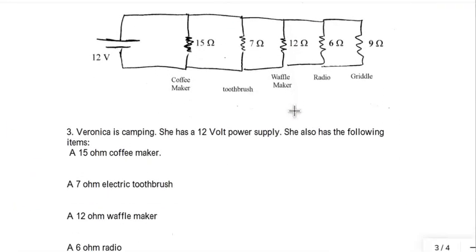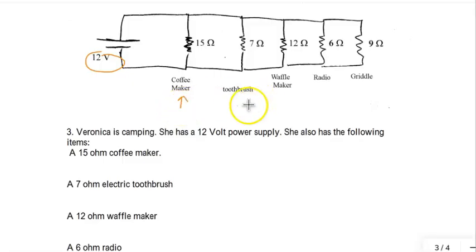Okay, question 3 is just a little different, just to mix things up, but it's more of a guess and check, not really guess, it's just a keep doing this until something happens kind of problem. Okay, so Veronica's camping. She's got a 12 volt power supply, and then she's got all these different appliances, and apparently this is the order in which she finds them important.